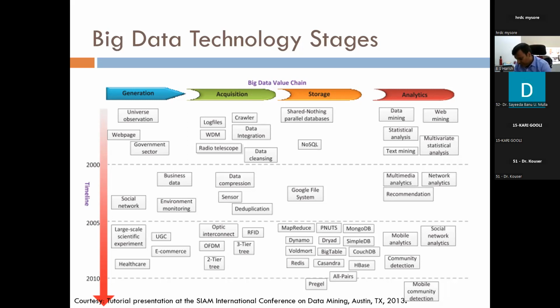Once that is obtained, we can store it in different ways like SQL or NoSQL databases. These days we have Google file systems, and other advanced techniques like MapReduce, Bigtable, Cassandra. So these are all big data analytics tools. Using that, the final outcome or result of the analytics is on the right side. You are absolutely right.